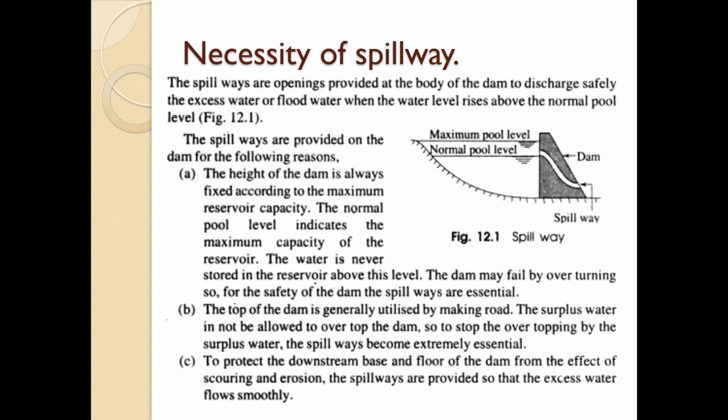The required discharging capacity of the spillway should be as closely estimated as possible. The underestimation will lead to overtopping of the main dam and consequent damages, while the overestimation will lead to unnecessary costly construction, which shall never be utilized during the life of the dam and hence will remain a waste investment.